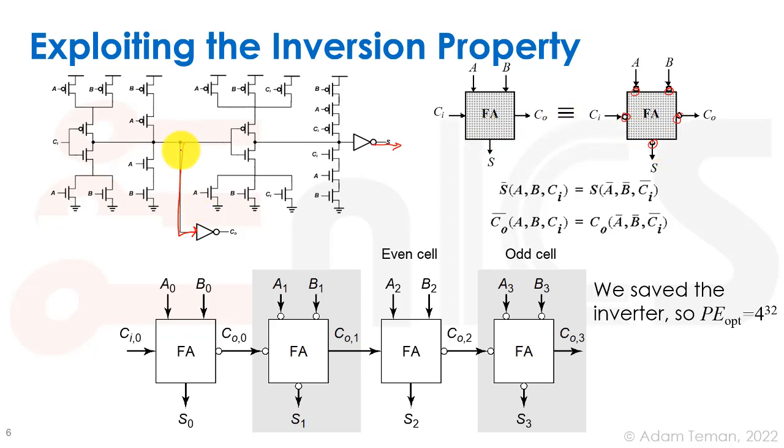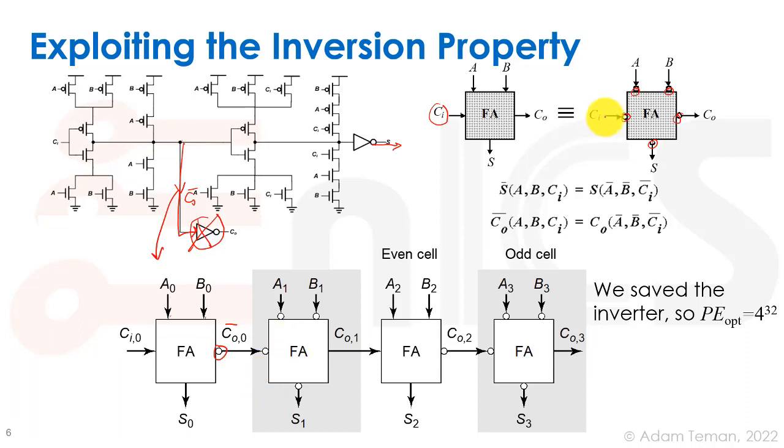Well, the problem is that with logical effort, we need this inverter in order to provide us with this carry in that is non-inverted. And since we have the inversion property, we can actually remove that inverter and just take C out inverted over here and drive it to the next stage. So we take our first stage, which is getting A0, B0, and C in 0, and what we know is that this point over here is going to be C out inverted.